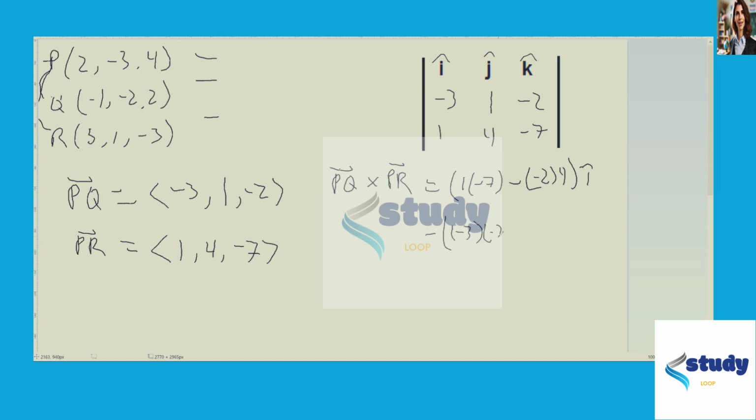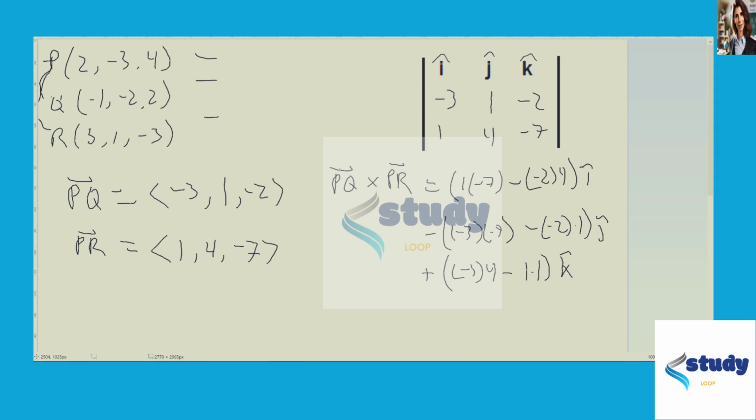Let's keep track of all these minus signs. Plus, and then we'll ignore the third column: -3 times 4 minus 1 times 1.